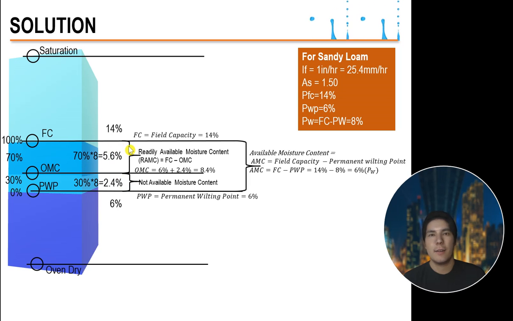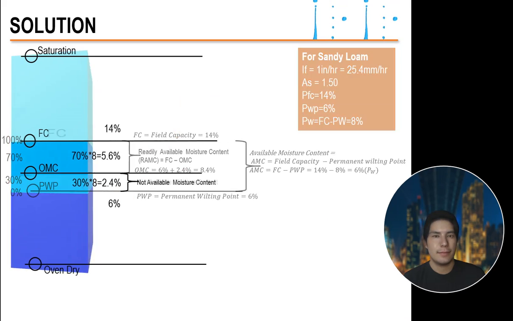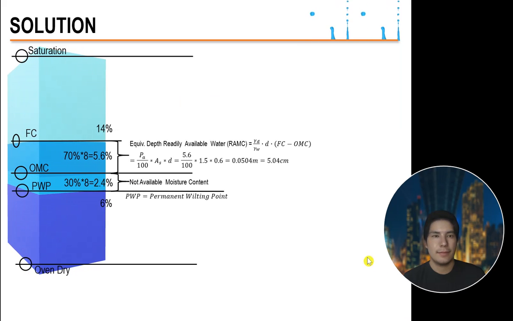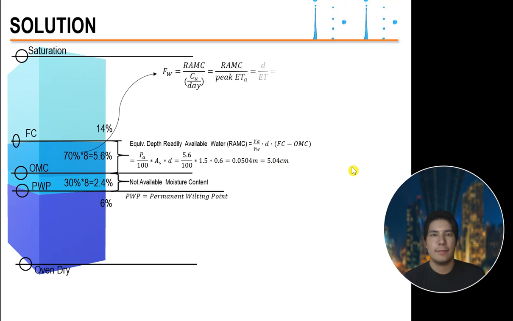So this is for our readily available moisture content to be extracted by plant without stress. And ito naman yung 2.4% as our not available moisture content, no? Kaya i-extract to ng plant pero under stress na yung plant. So in terms of depth, we have this formula na PA, which is 5.6 divided by 100 times the apparent specific gravity, which is 1.5 for sandy loam, and times the root zone depth na 0.6, so we have 5.04 centimeter.